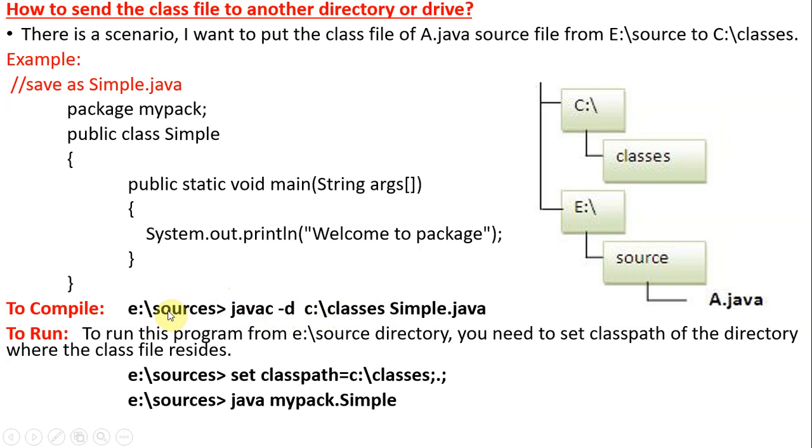Now we are at E location. If you want to send this class file into C classes, then you can use C colon classes instead of dot, the specific folder location. To run this we have to set the path, just like you set the path in C language. So set classpath like this.